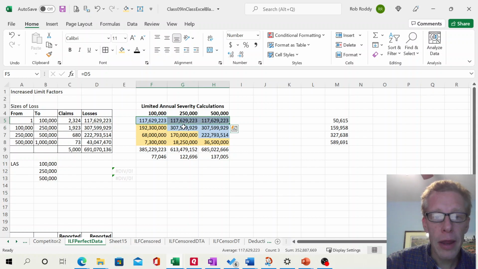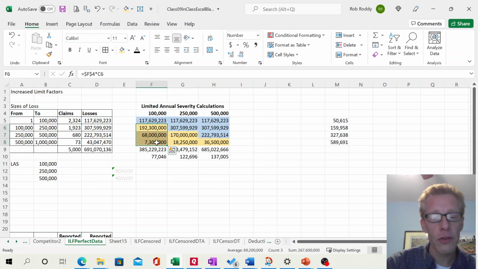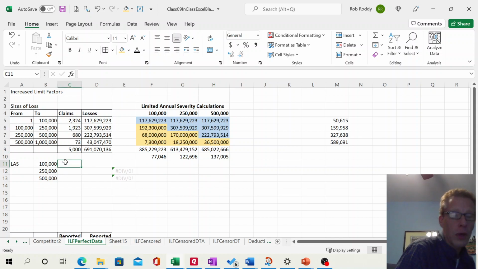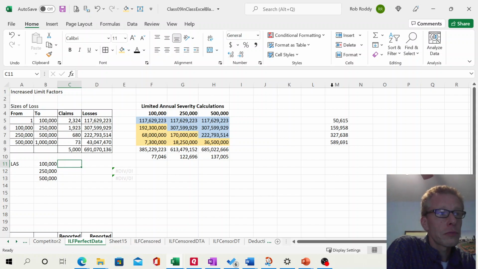Each limited annual severity takes more layers of the actual losses, and then from the other layer, you just pierce the top. The ones where you're skimming off the top of the losses are in orange, and the ones where you're keeping the full losses are in blue. I think that's very instructive. Okay, so what would we be charging then if we were doing limited annual severity?